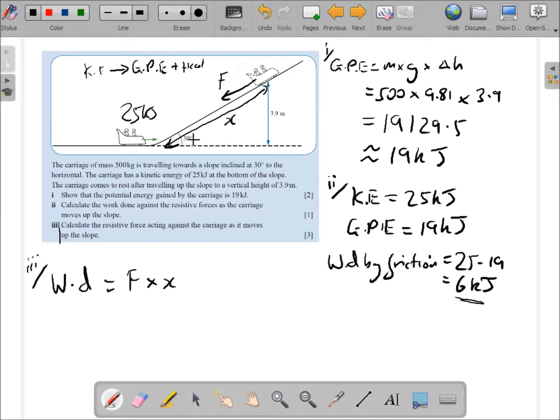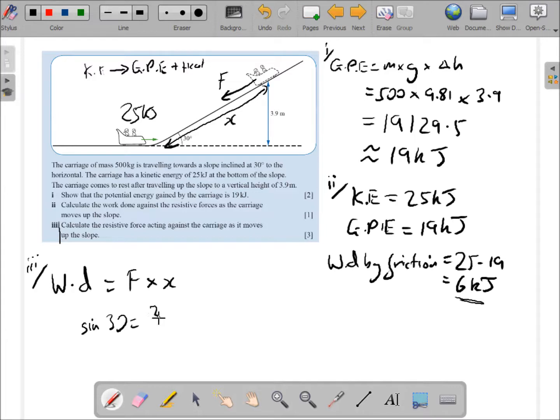But we've got a problem. We don't actually know what that distance is, but we can work it out using trigonometry, because we've got the opposite of the triangle and we've got the angle. So let's first of all work out what we think x is going to be. We need to use trigonometry using sine. So sine of the angle 30 is going to be the opposite over the hypotenuse, SOHCAHTOA.